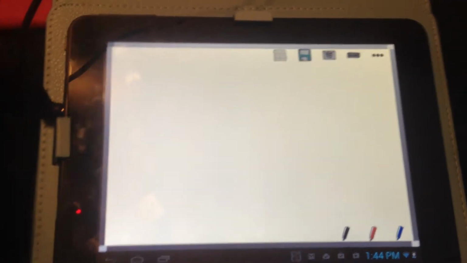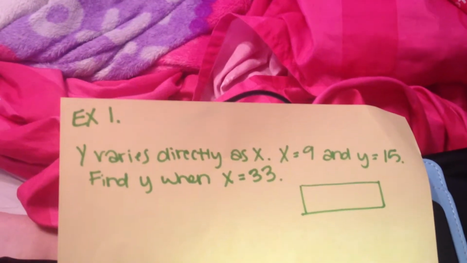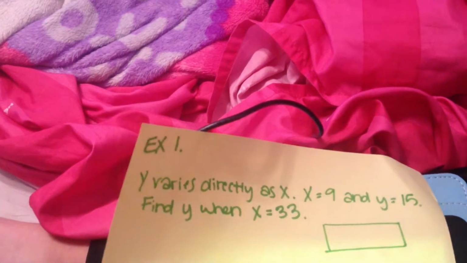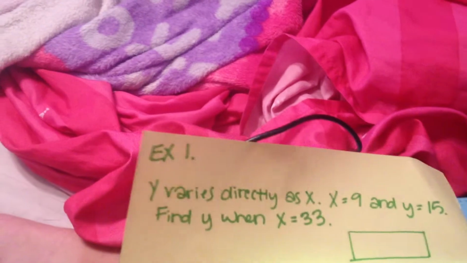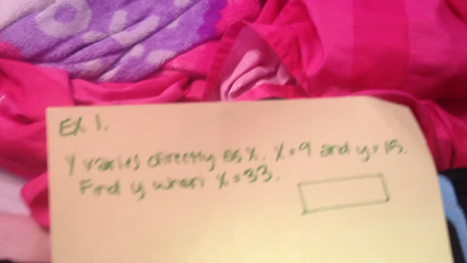Okay, so the first example I have says y varies directly as x, and x equals 9 and y equals 15. Find y when x equals 33. And again, y varies directly as x just means that as x goes up, y is going up too.